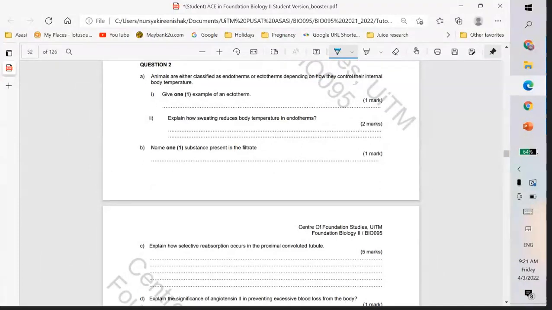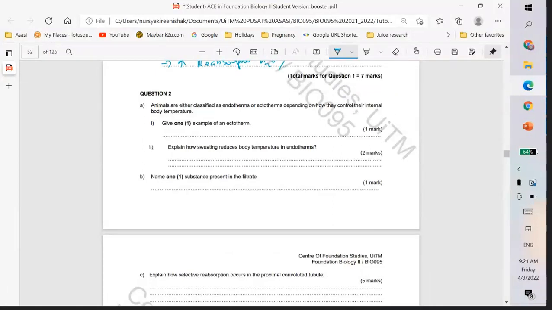So for question number 2, it says here, animals are either classified as endotherms or ectotherms depending on how they control the inner body temperature. Okay, so for question number 1 and 2, saya bagi dia jawab 2 soalan lah sebab soalan satu tu mudah je. Raihana.